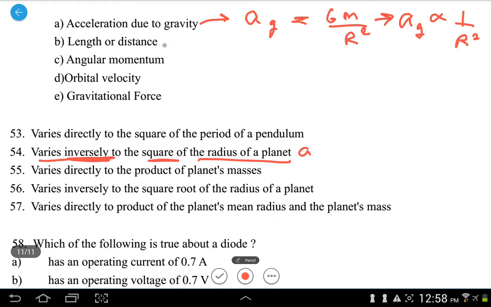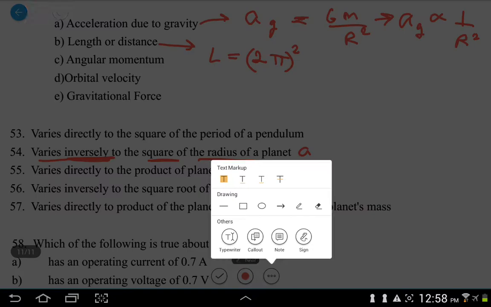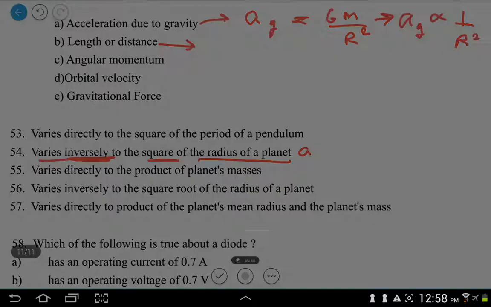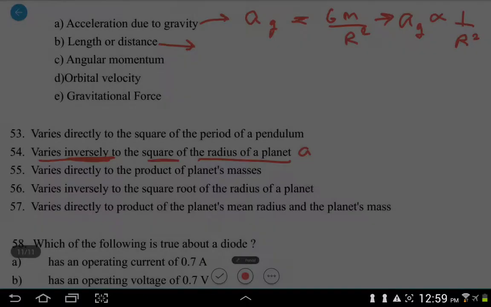Now, length or distance, L. I recall the formula is 2 pi. I want to link this with the period. Let me rewrite this formula again. I'll use the formula for the period to rearrange it, and then you'll see the difference.